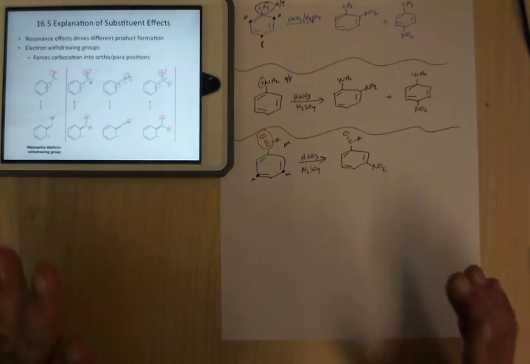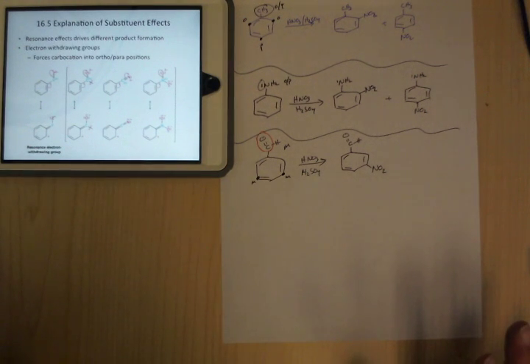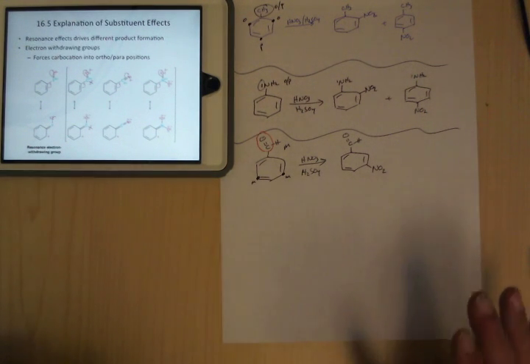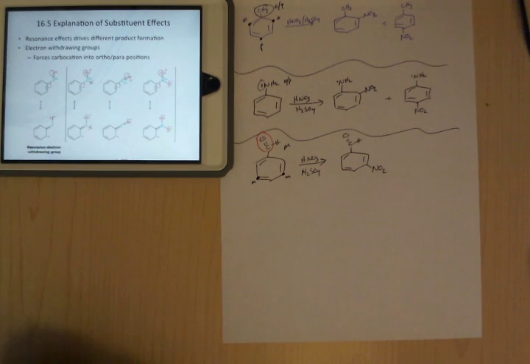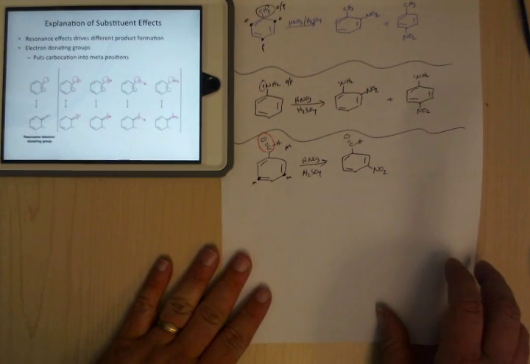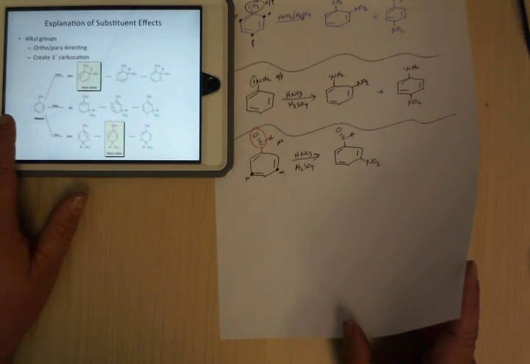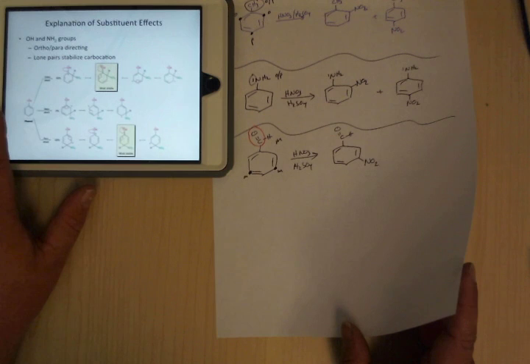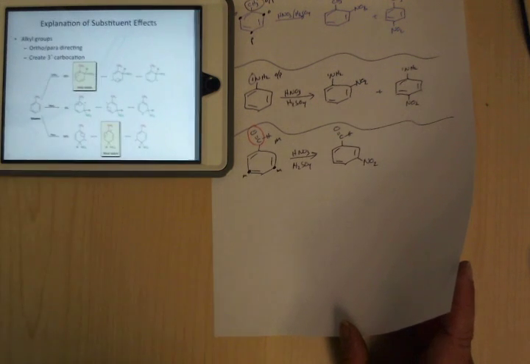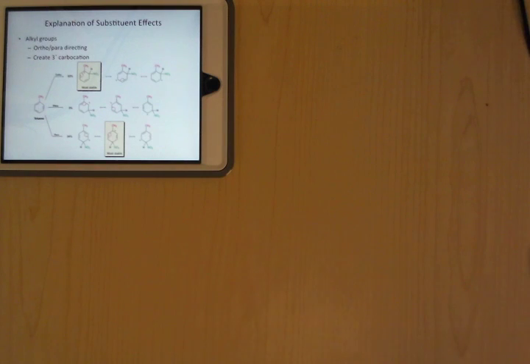Now, why does this happen? Okay, it all has to do with these resonance effects. Okay, now let me show you what happens. So let's say we have a carbon group.